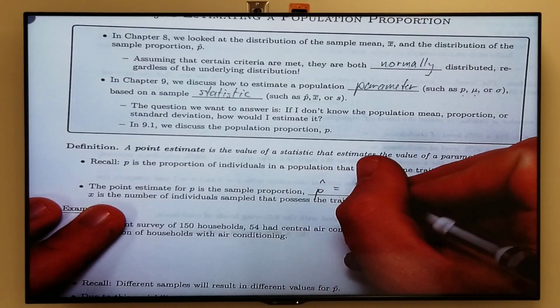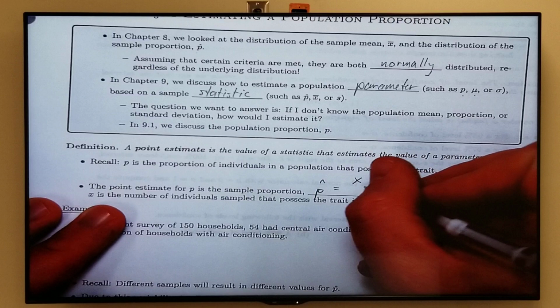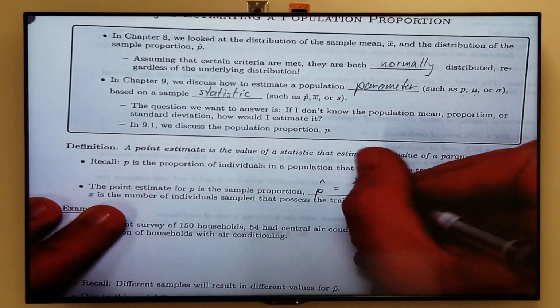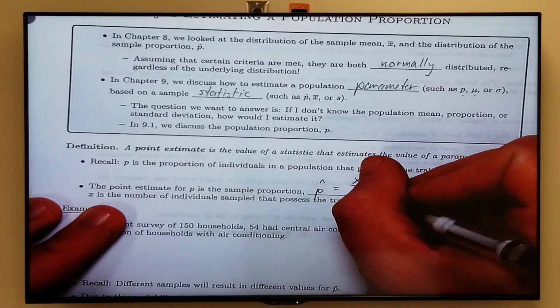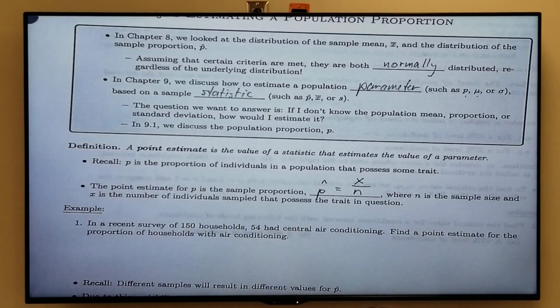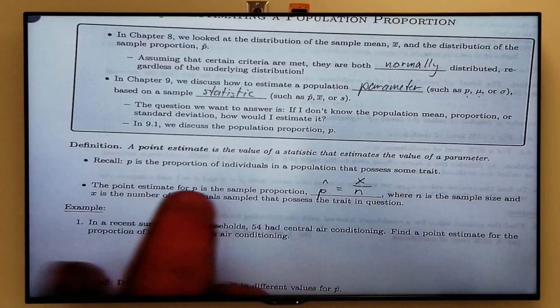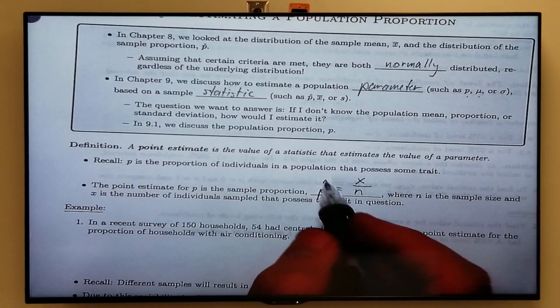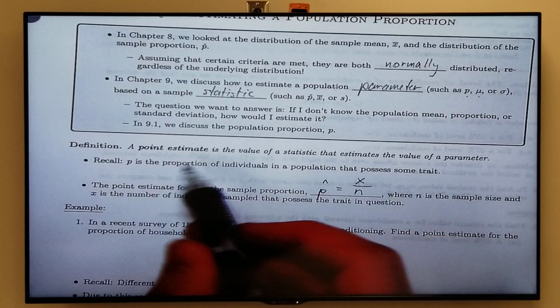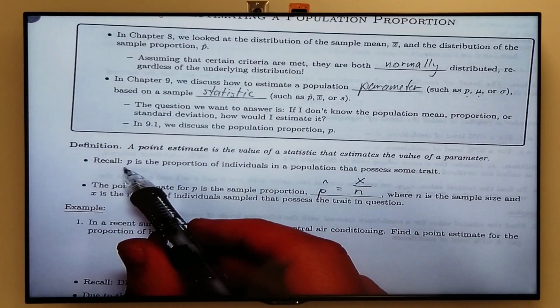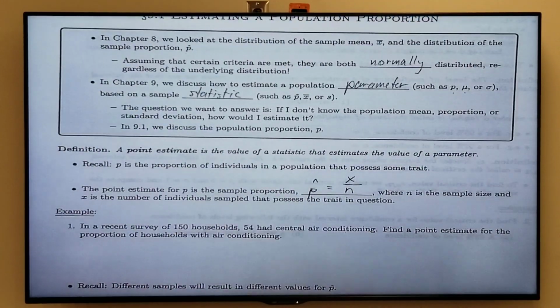And we calculate P hat by counting up the number of individuals who are successes and dividing by the total number of individuals in the sample. We've talked about this before, but what's new here is that we're calling P hat, our sample proportion, a point estimate for our population proportion P.